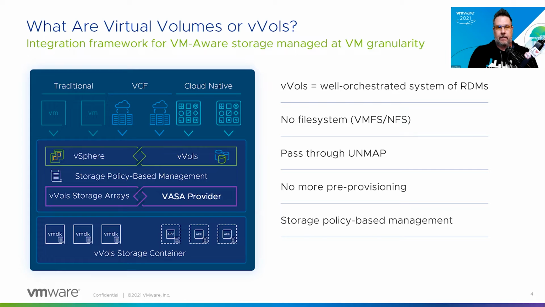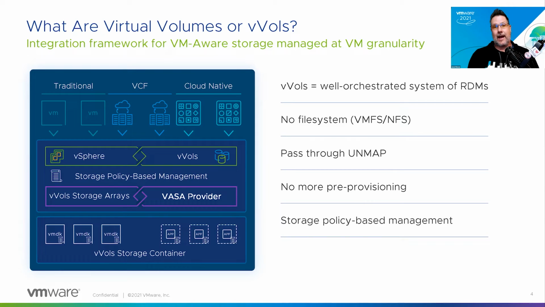So if the virtual disk is sitting on the array, whatever the virtual guest OS is inside that disk is actually the file system that's sitting on the array. So if that's ext4 or NTFS or whatever that might be, that's the actual file system sitting on the array. It's not sitting inside of another file system like VMFS or NFS. So that's where you get that similarity to an RDM.